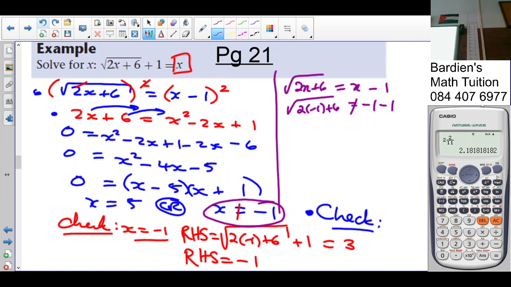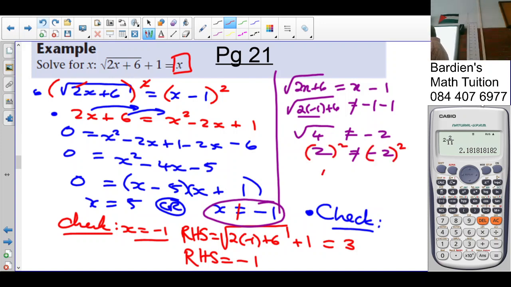Okay? This is then going to give us negative 2 plus 6 is 4. Square root of 4 is 2. That is negative 2. You all agree that 2 is never equal to negative 2. So this is going from a non-true statement. Can you see here? This is not true. To a true statement. If I square both sides, what's going to happen? 4 is equal to 4. Can you see that?